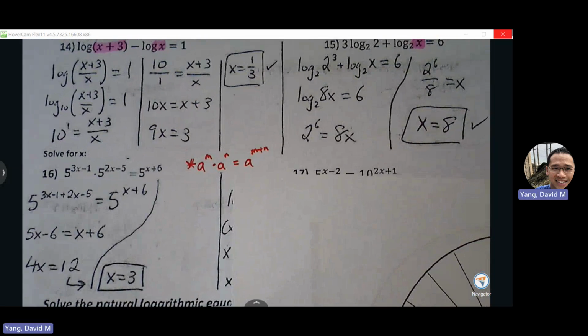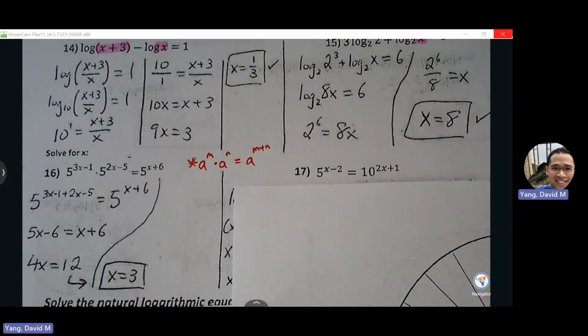Again, 16 and 17 are exponential equations. No need to test your answers. Once you solve for x, you are done.